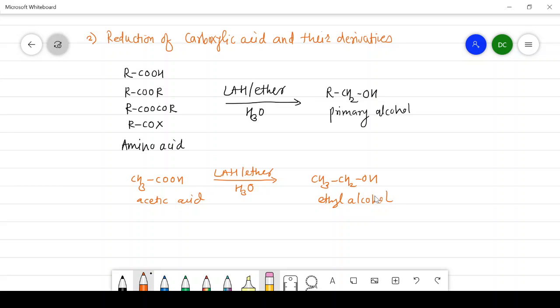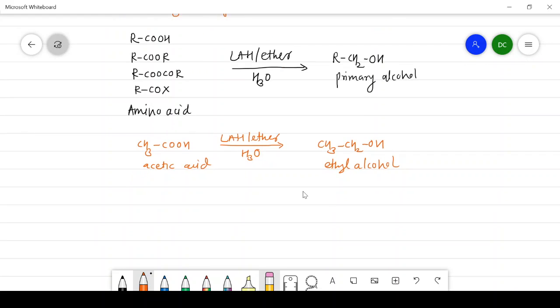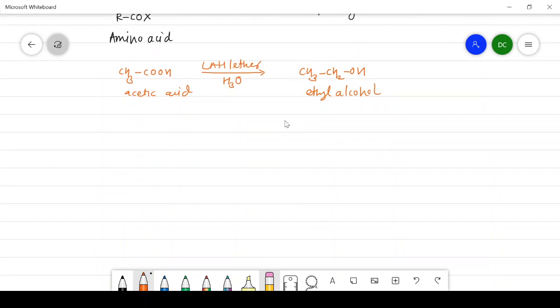Now we will change this COOH group to another group, that is ester, CH3COOC2H5, that is ethyl acetate.